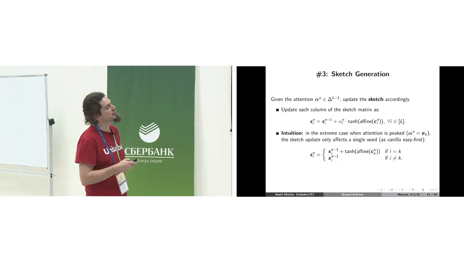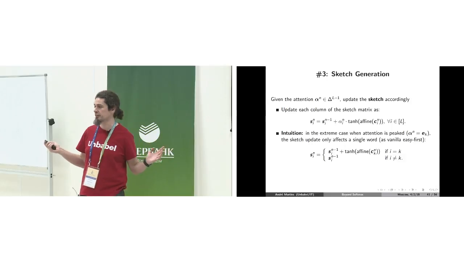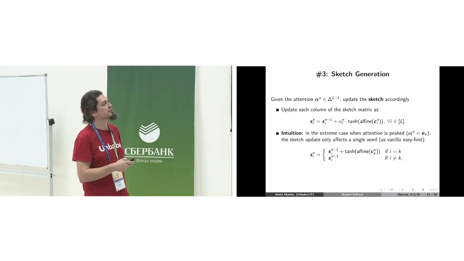So words that have 0 attention are going to have zeros here, so the sketch for those words is not going to be updated. For example, if a word has exhausted its attention, then the sketch vector Si remains the same, because we are going to have a 0 here.